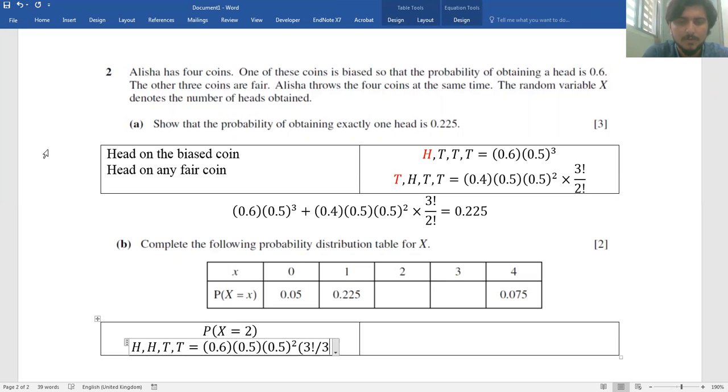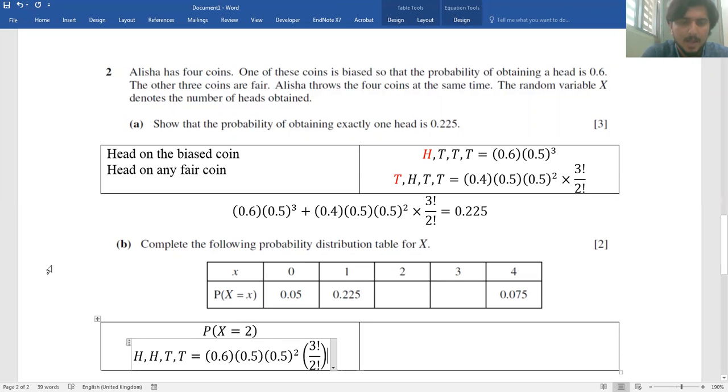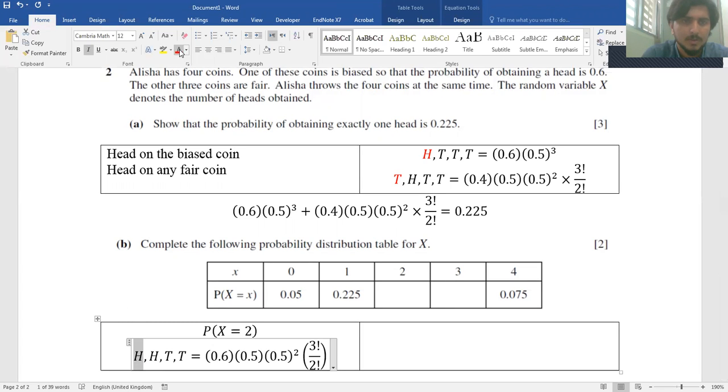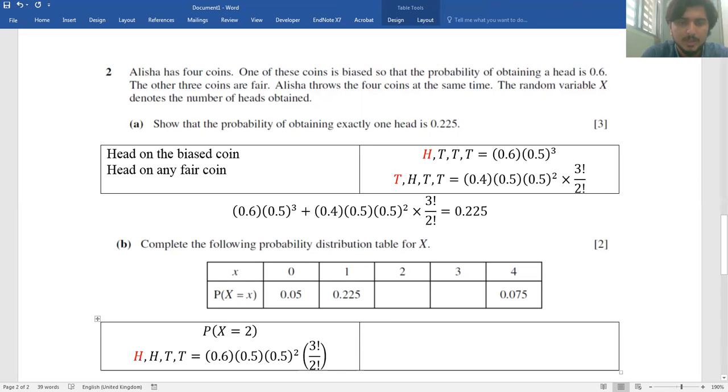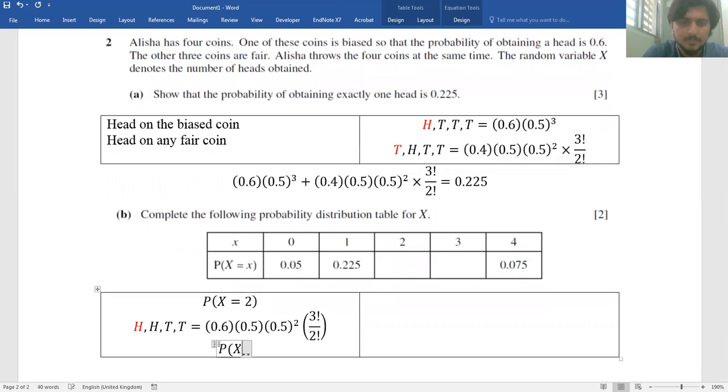I'm considering the order for the fair ones only, not counting the biased one in the order. So once we take 0.6 times 0.5 squared times 3, the value that we get is 0.375.